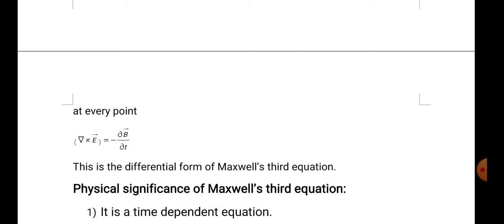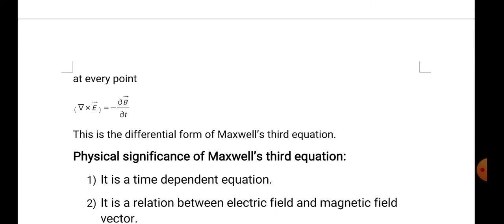Now, about the physical significance of Maxwell's third equation: it is a time dependent equation. In the previous equations, Maxwell's first and second equations are independent of time, but Maxwell's third equation depends on time.